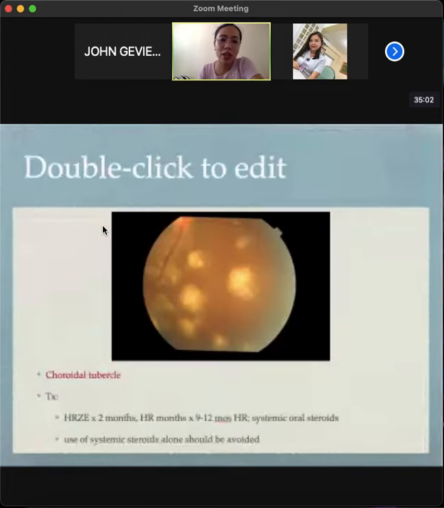And while on HRZE, very important to check what? While the patient is on HRZE, what do you think would be very important to monitor in these patients who are particularly taking anti-TB drugs?